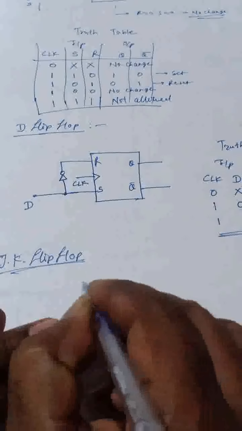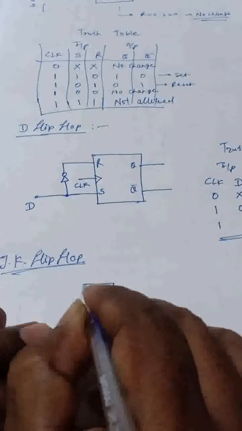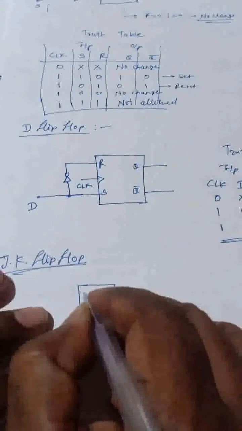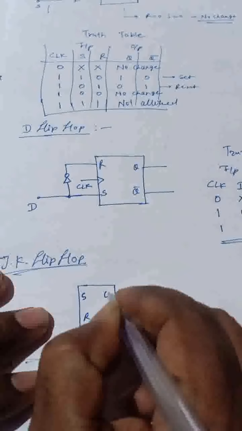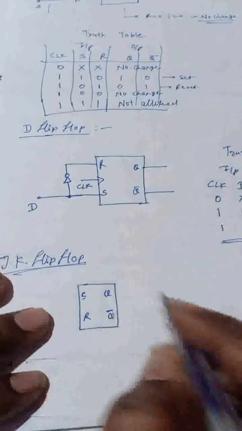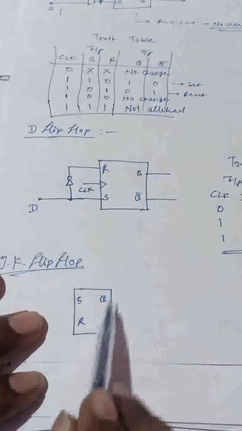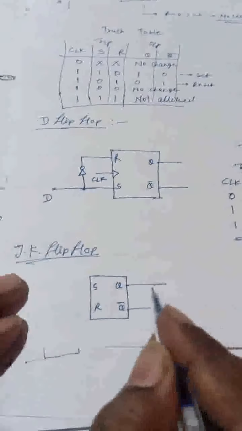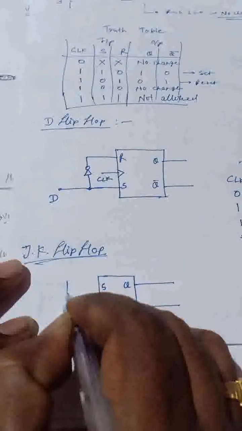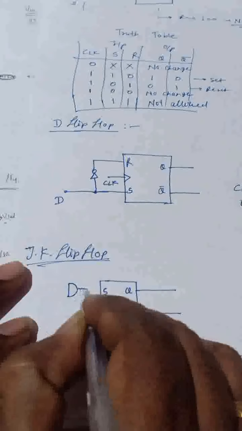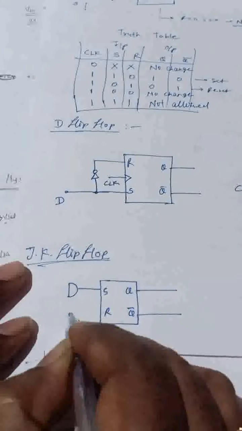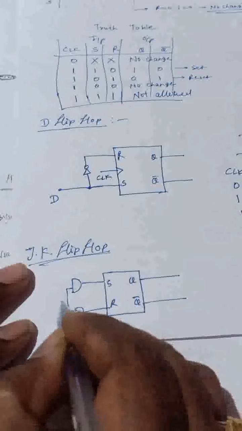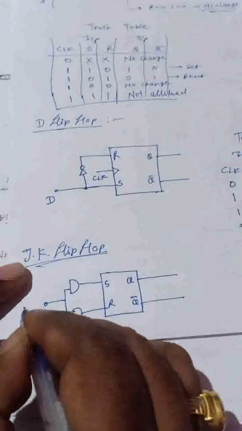We consider the RS flip-flop again. Let us say S, R, Q and Q bar. Purposely we are writing S and R, Q and Q bar here. The outputs are Q and Q bar. We use an AND gate to generate a clock. Here it is a clock.